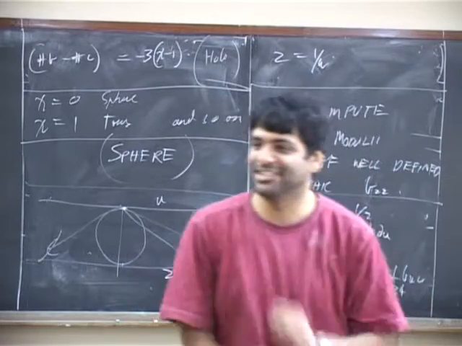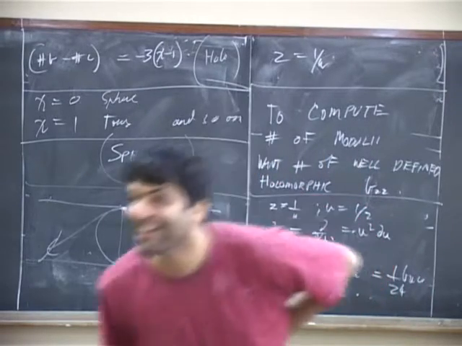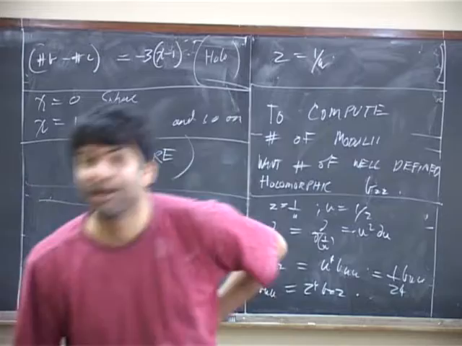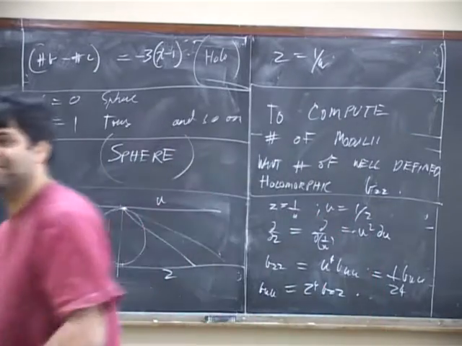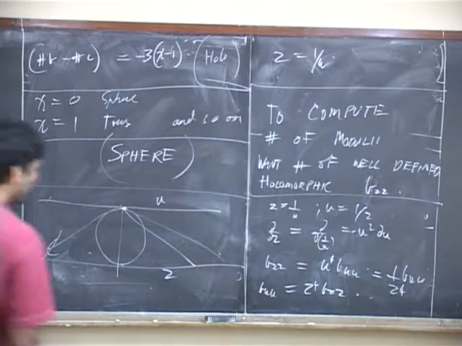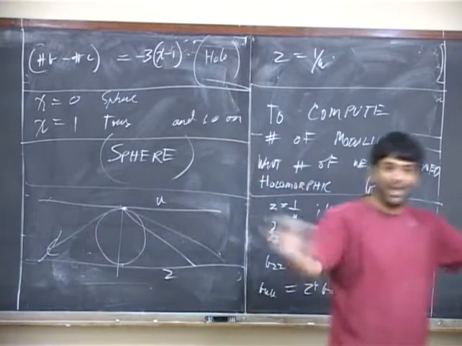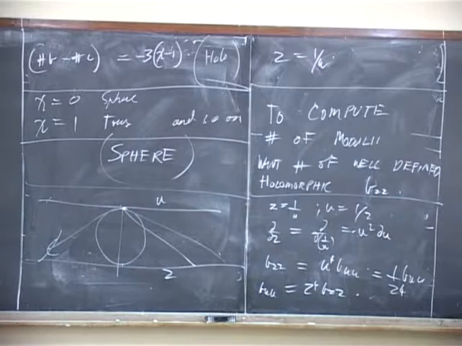How many such analytic functions are there? No, this is a question of functions on the plane. How many analytic functions on the plane exist which are everywhere analytic but die off at infinity like 1 by z to the 4th, at least as fast as that?